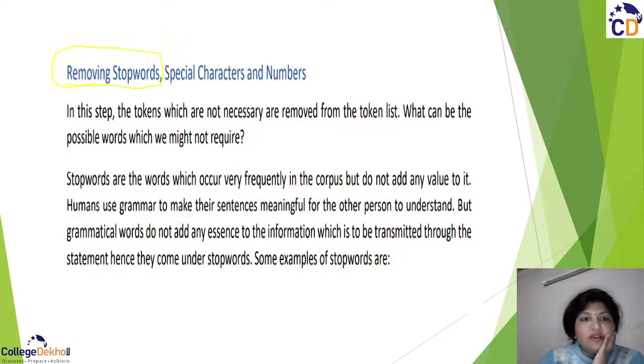So our next step is to remove the stop words, special characters and numbers, right? What we have done: the first step was sentence segmentation, the second was the tokenization process. In the third step, you check each of the tokens and remove the stop words.